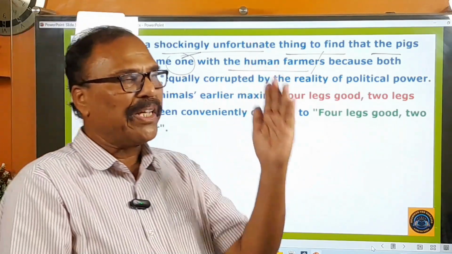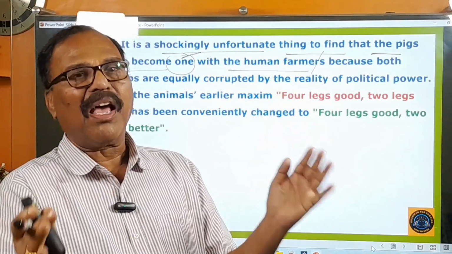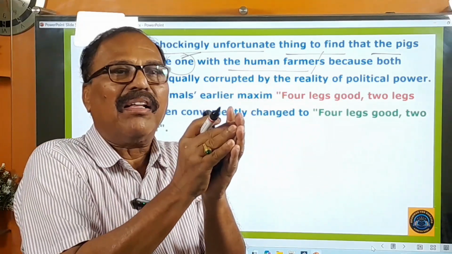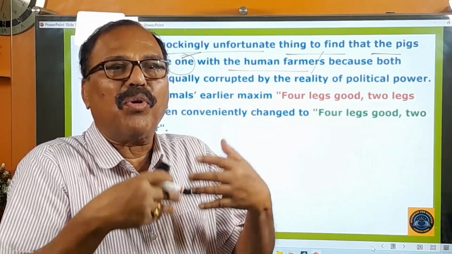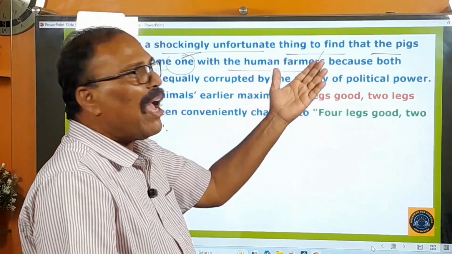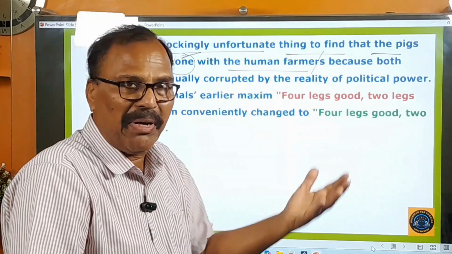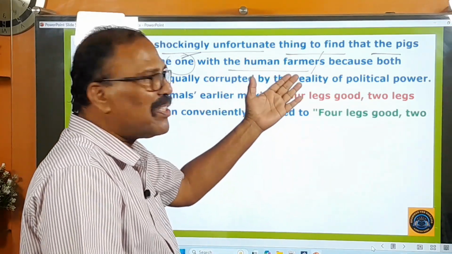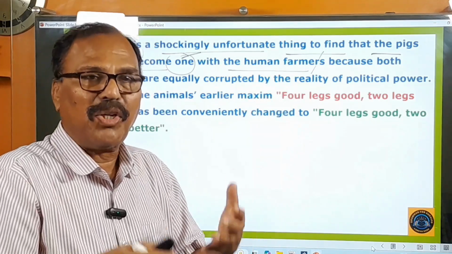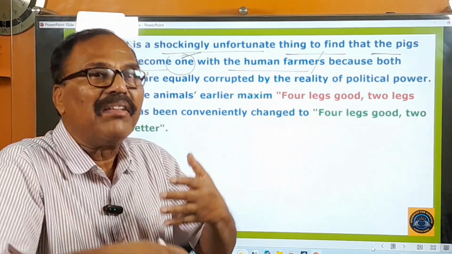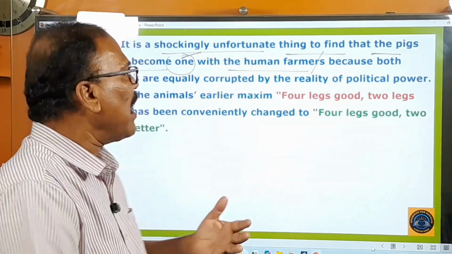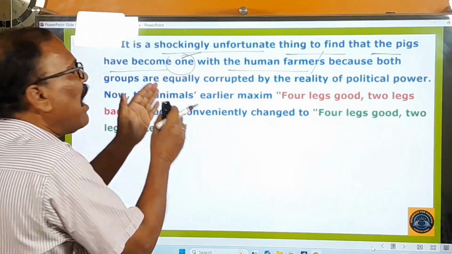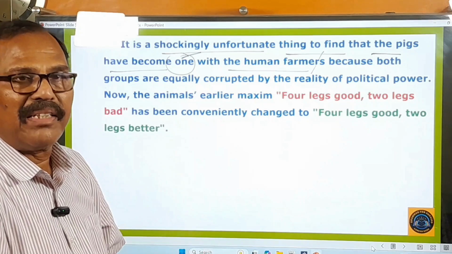That means the pigs and the human farmers have become mixed up, and they have forgotten their identity, their originality. The pigs have forgotten that they are animals, and the human farmers have forgotten that they are human beings. So forgetting their identities, they have become mixed up and they have become one in that dinner party.